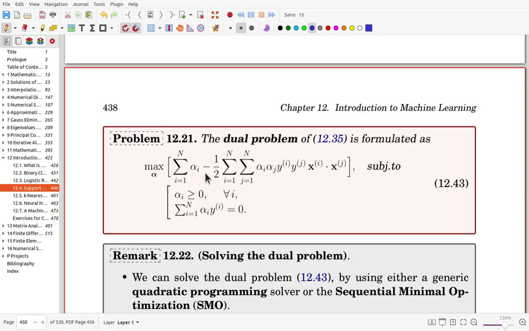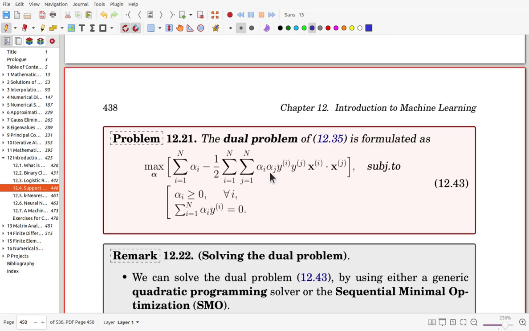And of course, along with these conditions, each Lagrange multiplier must be non-negative, and this one must be satisfied. Along with this constraint, this problem can be solved not so difficultly by using, for example, some quadratic programming technique or the well-known sequential minimal optimization, SMO. You can solve this problem.